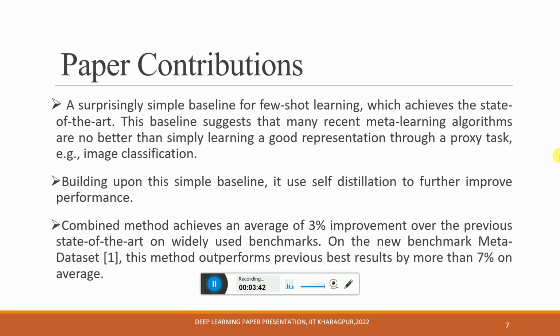Also, building upon this simple baseline, if we use self-distillation, it can further improve the performance. The combined method achieves an average of 3% improvement over the previous state of the art on widely used benchmarks. Also on the new benchmark Meta-Dataset, this method outperforms previous best results by more than 7% on average.